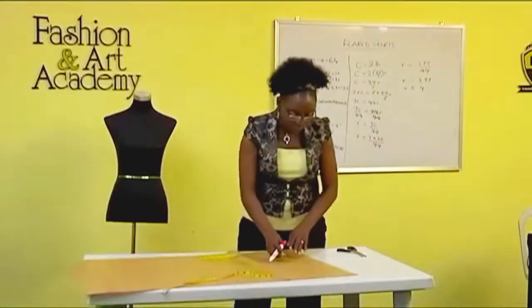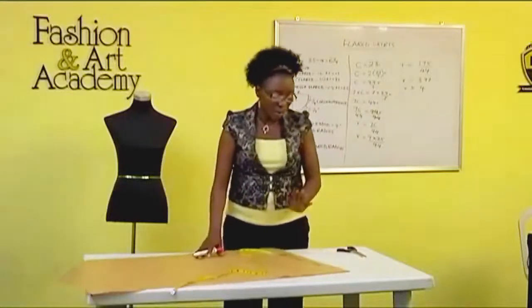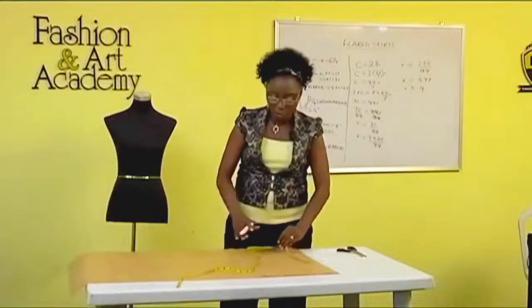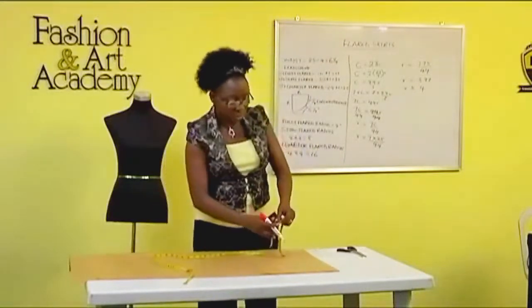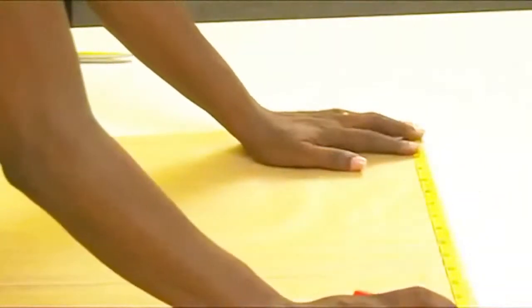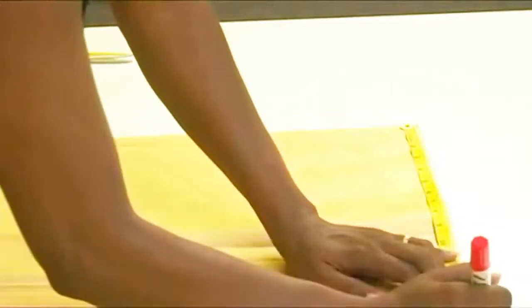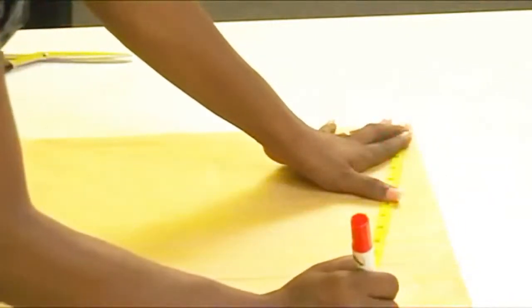Now I want to measure out my quarter flared radius. That is 16 inches. So what I need to do is just mark out 16 inches here. Same way I did the others, just mark out 16 inches, like that.